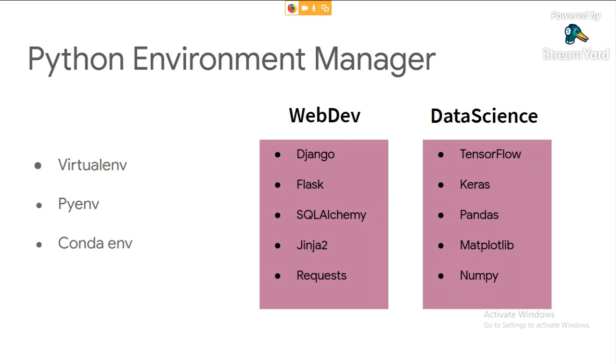So the difference: with the help of pip, you can only install the packages and play around. It's a package manager, but you will not be able to create environments with pip. For creating and managing environments, you will require virtualenv or pyenv.